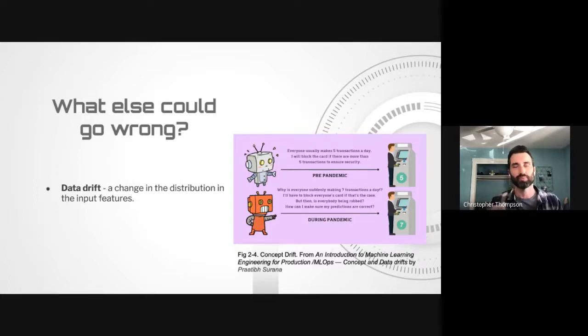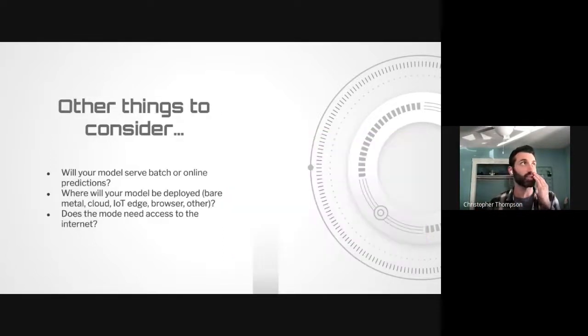But then the pandemic hits, all of a sudden people are doing 7+ transactions a day, and it's saying that's outside of that average that I was expecting, and therefore I'm going to flag it as fraud. When in fact it wasn't fraud, it's just that the distribution of our X's, our inputs, had changed. The state of the world again had changed, and we need to account for that in our model. And this is why we need that cycle of retraining.